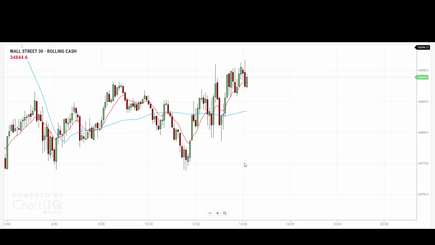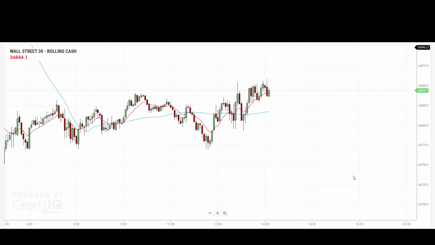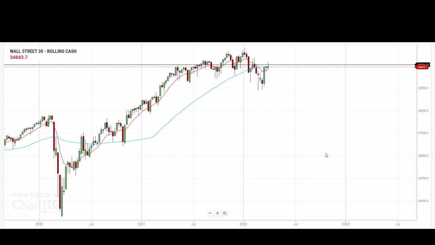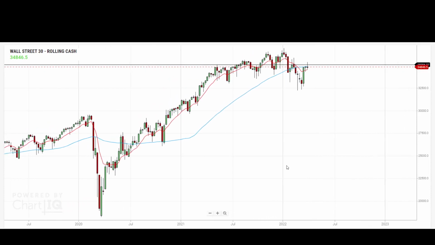So for our analysis, we won't do a monthly analysis. We will start our analysis with a week. Now let's just take Wall Street as our example. I have changed the chart to a weekly chart, and as you can see, on a weekly chart, each candle represents 5 days worth of trading, 1 week worth of trading.